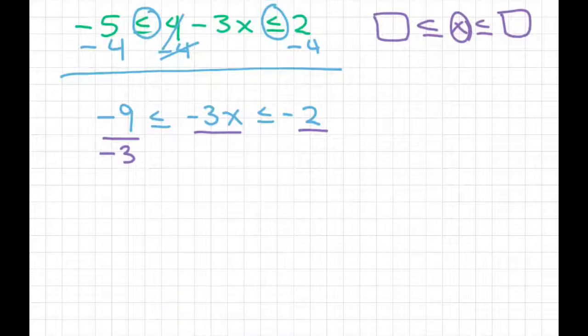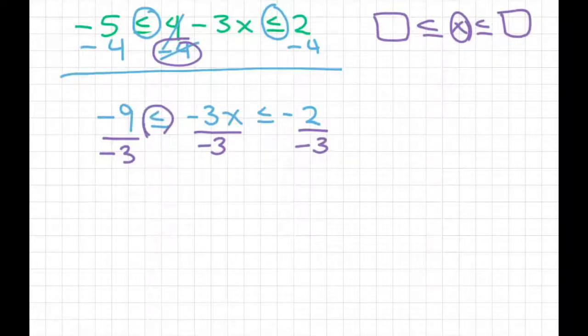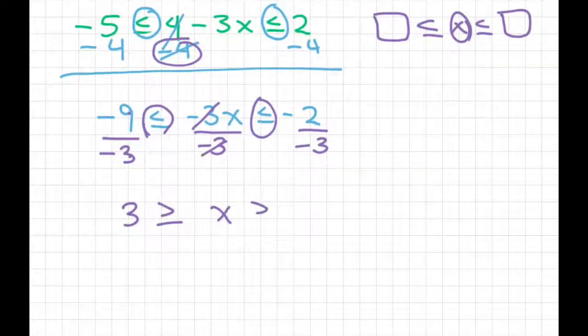When you're dividing or multiplying by negative 3, you have to switch these signs, not when you're adding or subtracting, that's fine. So negative 9 divided by negative 3 is just 3, and flip that sign. This cancels, so you just have x. Flip it again. This is going to be 2/3.